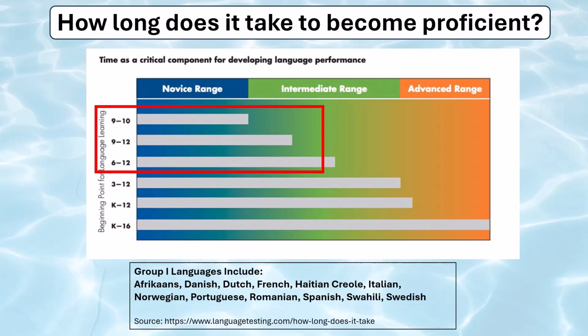And keep in mind that this applies to Group 1 languages that you see listed here. And since most of our learners are middle through high school age, we've highlighted the novice and intermediate ranges.